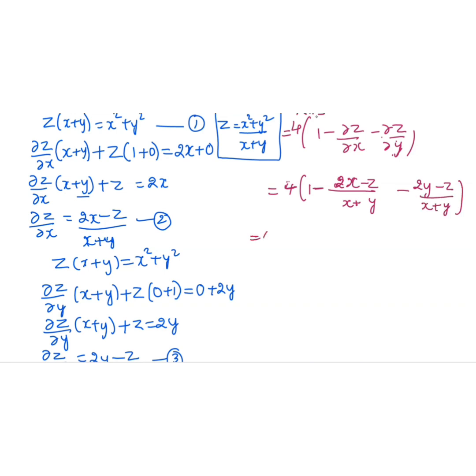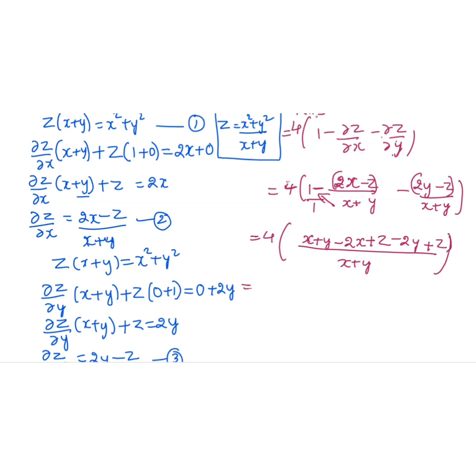Now 4 into, you take the LCM, so common LCM x plus y. If the denominator is 1, we should directly multiply by the LCM x plus y. Here it is in the bracket, so remove the bracket: minus 2x, minus into minus plus z. Even here it is in the bracket, so remove it. It is minus 2y, minus into minus plus z.